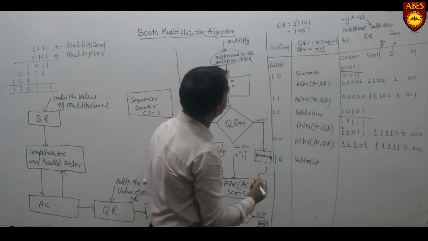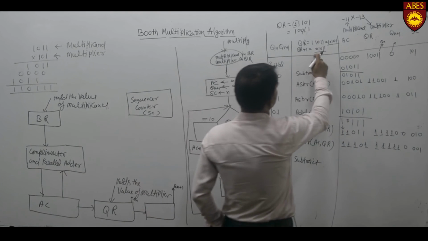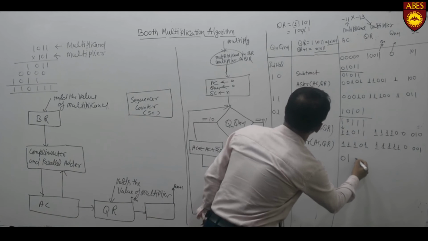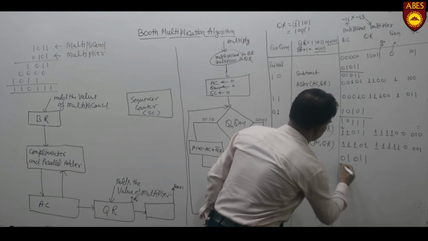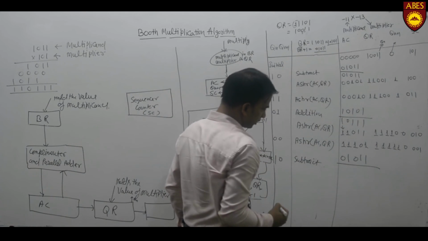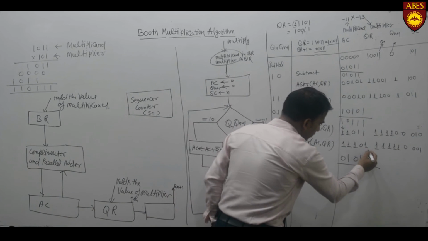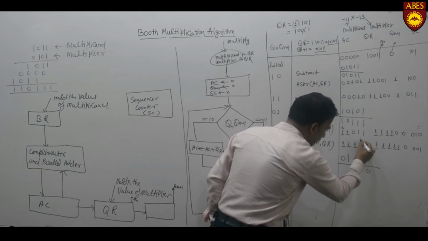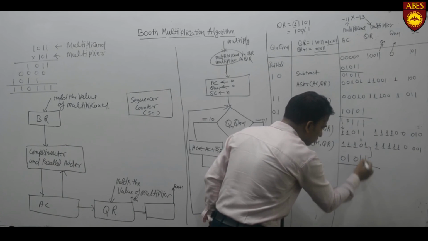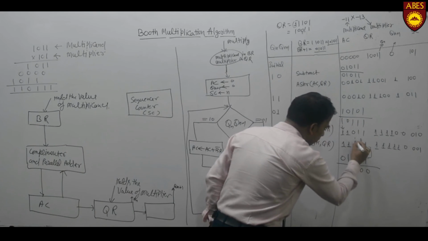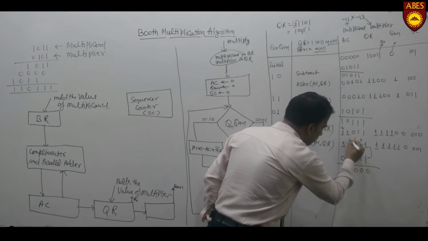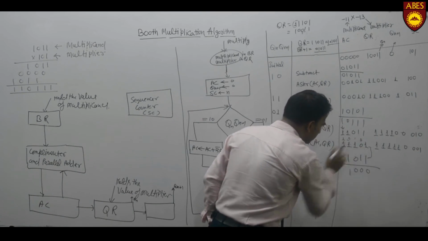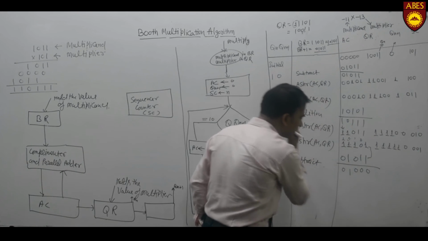You can take the value of BR plus 1, so this will be 0, 1, 0, 1, 1. Now to perform the add operation: 1 or 1 is 0, carry will be 1; 1 or 1 is 0, carry will be 1; 1 or 1 is 0, carry will be 1; and so on, leaving the final carry.